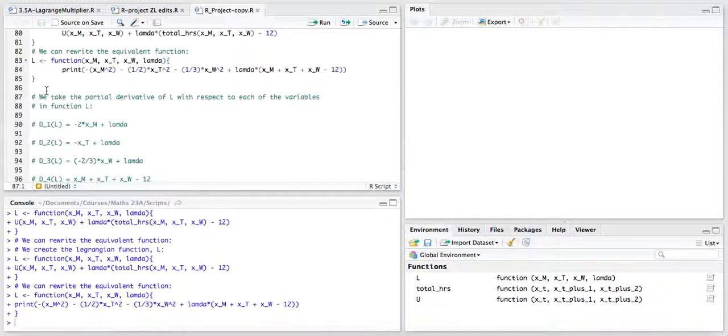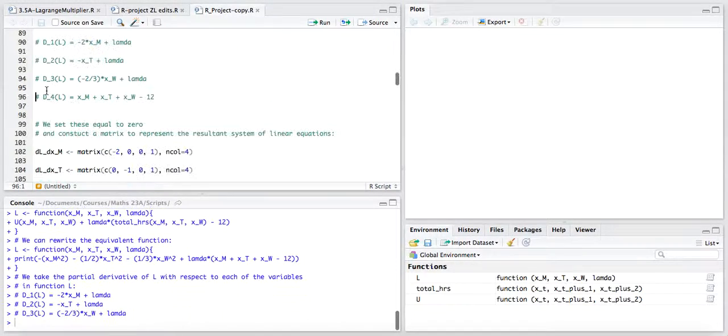Okay, so here's our Lagrangian function. Now we take the partial derivatives of L with respect to each of the variables, xm, xt, xw, and lambda, our Lagrange multiplier. And these derivatives are described in the following ways.